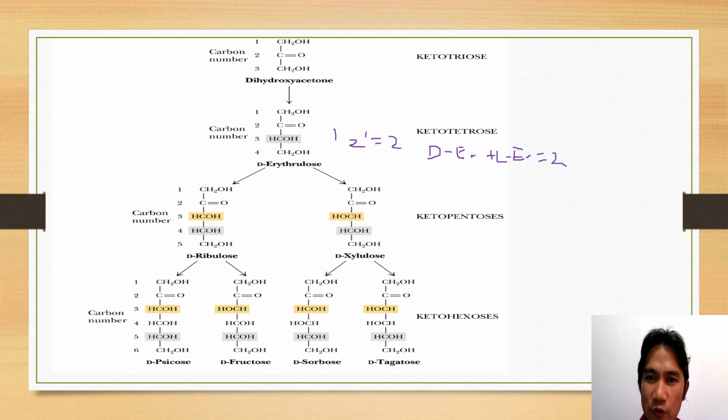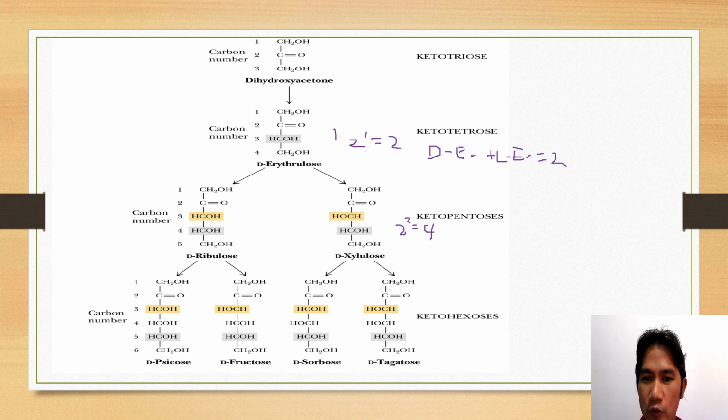The D and the L forms, we call them enantiomers. Again, when we say mirror image molecules, we call them enantiomers. So a ketopentose has how many chiral centers? Two chiral centers. So we say 2 raised to 2 gives 4.